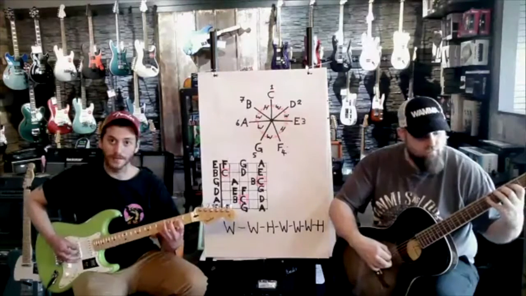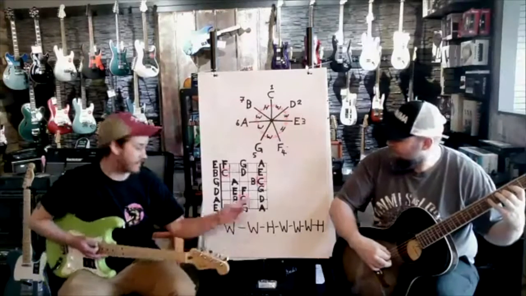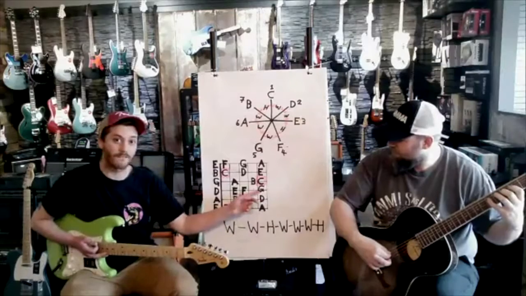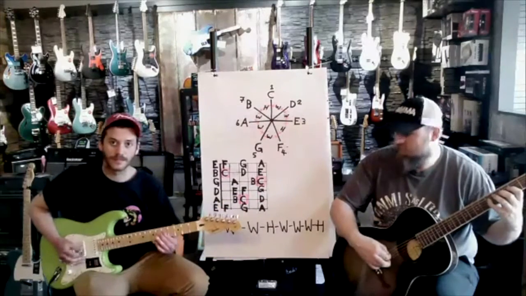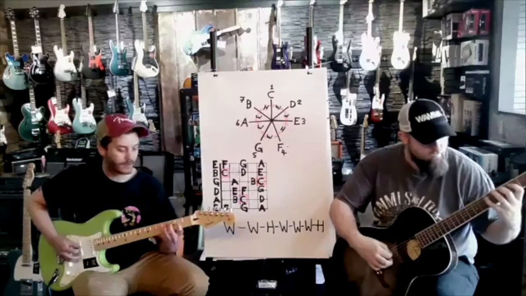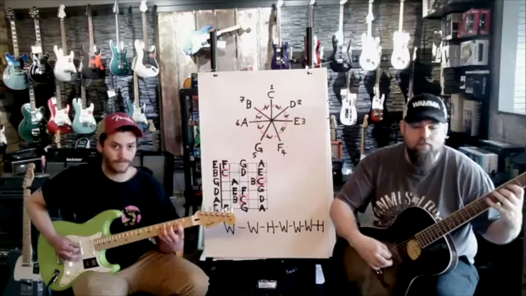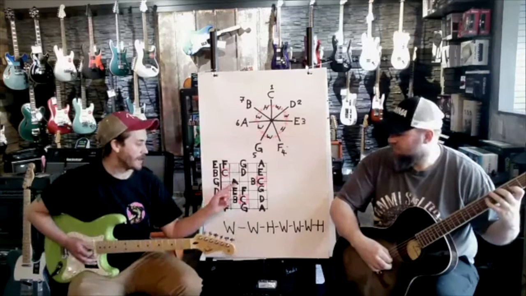Do, re, mi, fa. Let's go to the next one. We have a G, and that's going to be on fret 5 of that D string. So we went 3, 5, 2, 3, 5. Right? We're almost there.